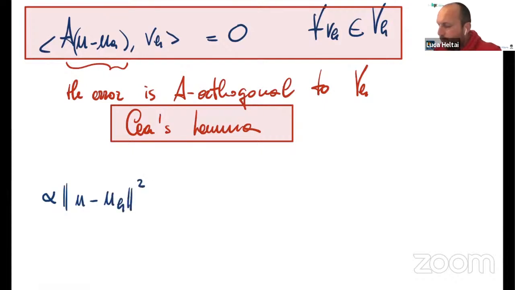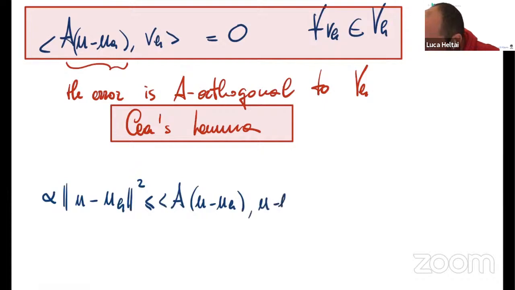So we say that alpha times the norm of u minus u_h squared is certainly smaller or equal than a applied to u minus u_h, tested against u minus u_h. And now what I observe is the following.